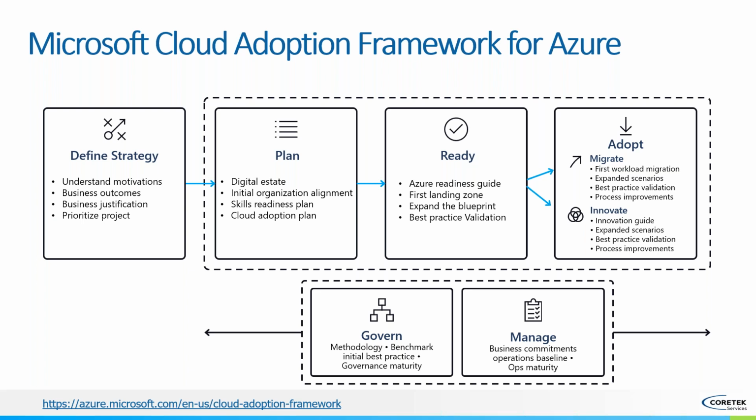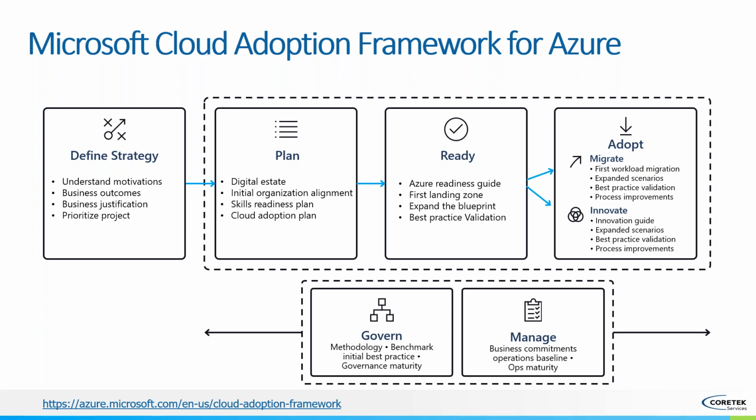We have been doing this for years before the CAF was around, and we've always called it Cloud Foundations. Ultimately, this is a good data set and methodology for you, with templates that you can leverage. And we've transitioned to use the same terminology and same approach as the Microsoft Cloud Adoption Framework.